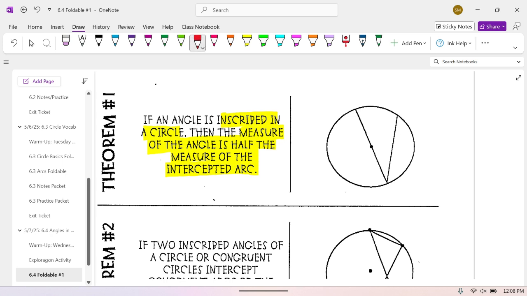In other words, an inscribed angle, we know it's an inscribed angle if it has the vertex of the angle on the circle and its two endpoints are on the circle as well. So this is referred to as our inscribed angle.